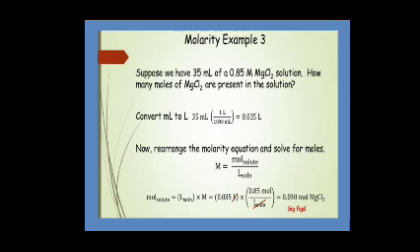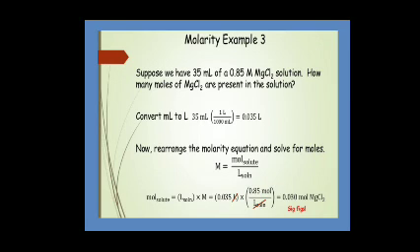Now rearrange the molarity equation and solve for the number of moles. Molarity M is equal to number of moles by volume of solution in liters. Given data of magnesium chloride: molarity 0.85, volume of solution in liters 0.035 liters.